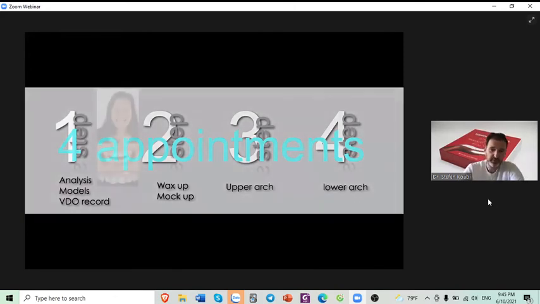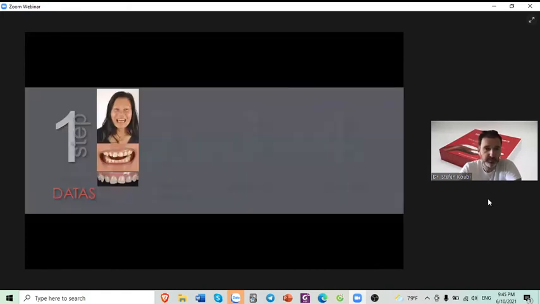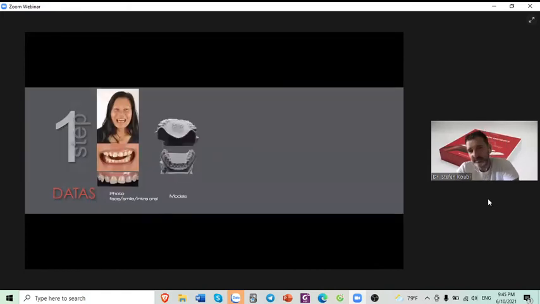So going back in detail, you can see that, as I told you, we need pictures, smile, then with magnification and intraoral pictures, then different models.